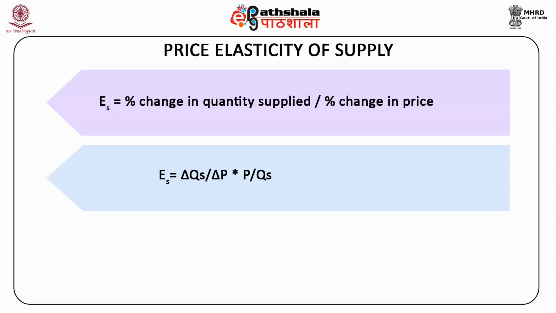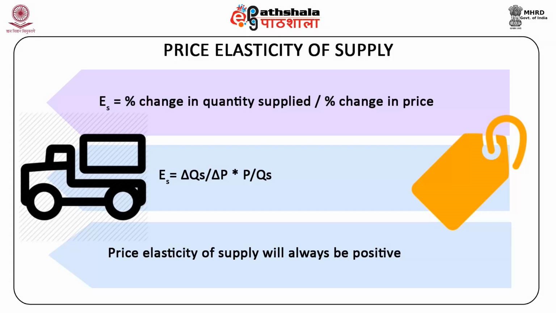Since there exists a direct relation between the price and quantity supplied of a product, as the price increases, the quantity supplied also increases. Therefore, the value of price elasticity of supply will always be positive.